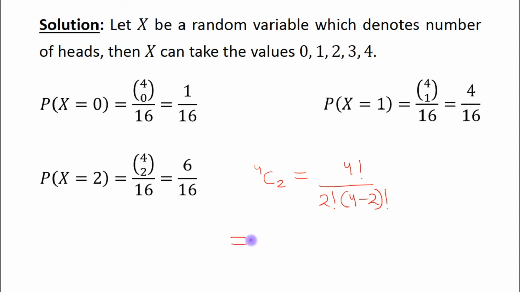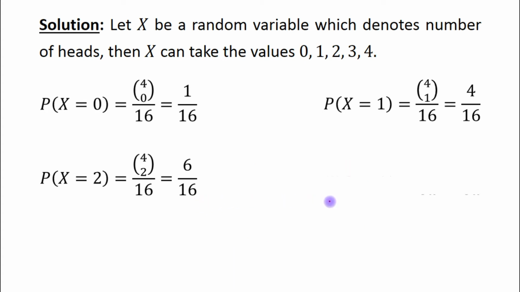So in the next step we can write 4 multiply 3 multiply 2 multiply 1 whole upon 2 multiply 2. It will cancel out, and the final answer is 6. So the probability of getting 2 heads will be 6 upon 16.